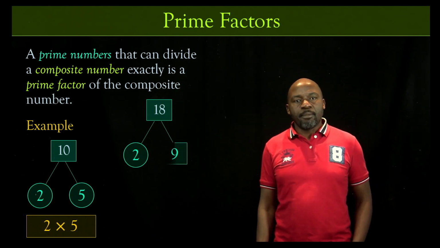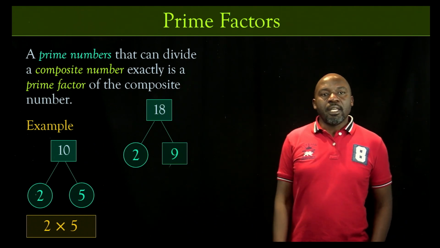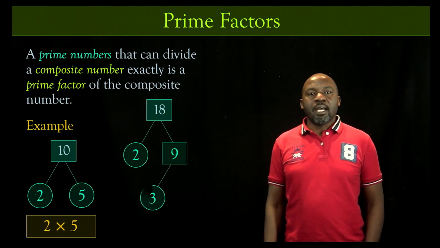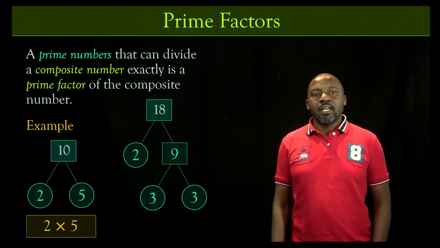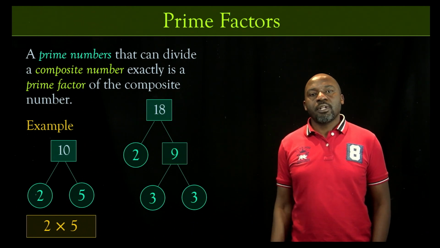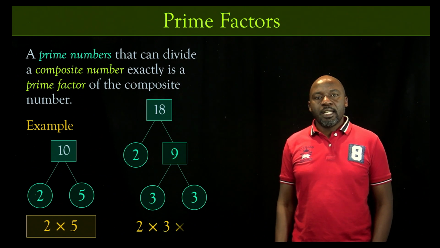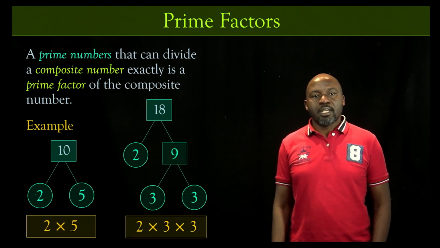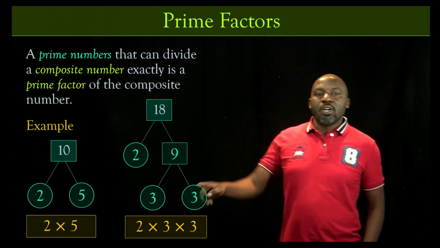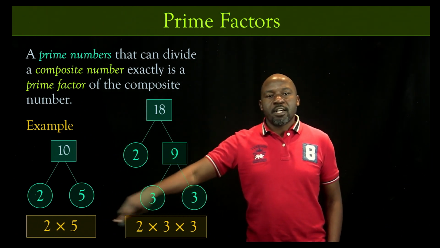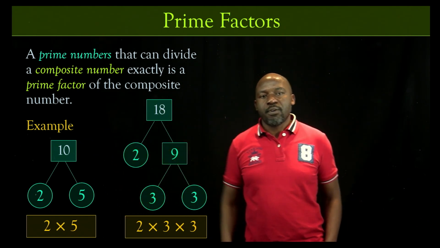But 9 is not a prime number, but 9 itself can be expressed as 3 times 3. For that reason, we can write 18 as a product of these prime factors. So 18 is equal to 2 times 3 times 3, or if you like, 2 times 3 squared. These are the prime factors of 18, and these are the prime factors of 10.